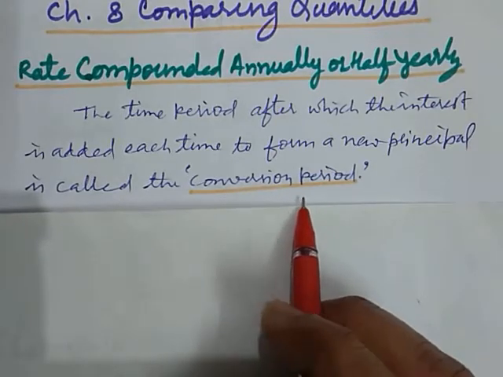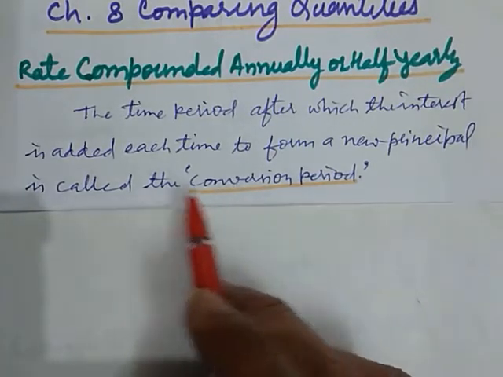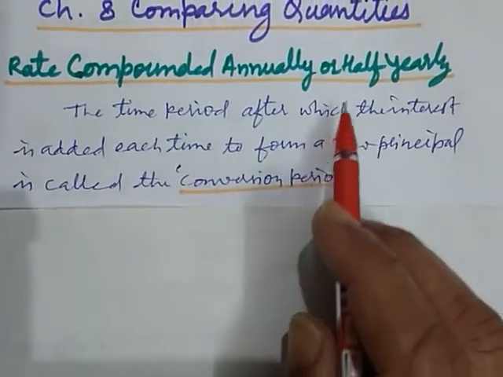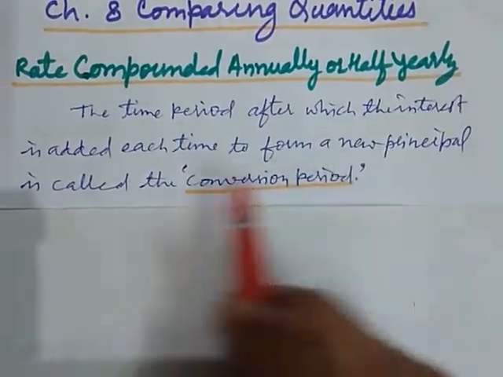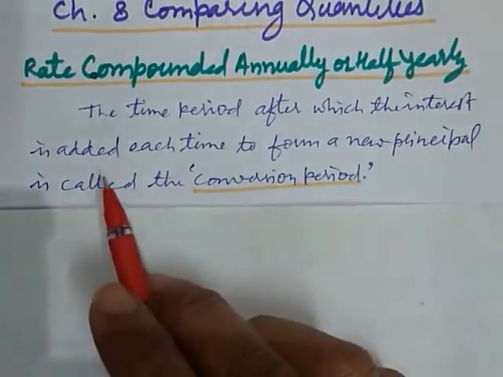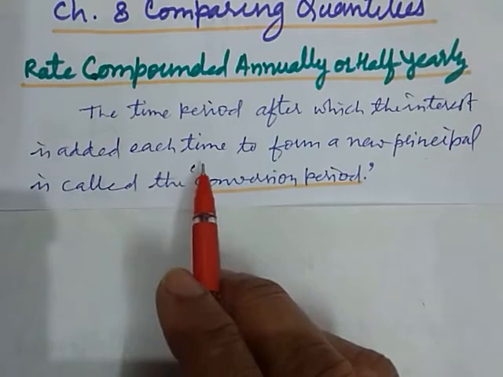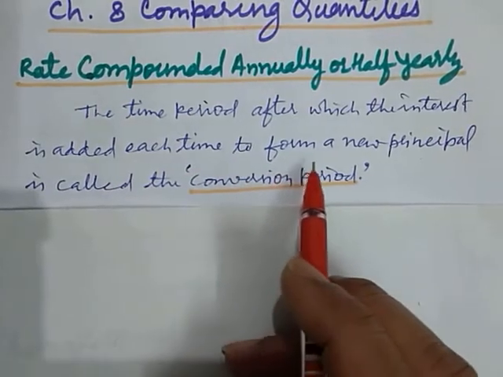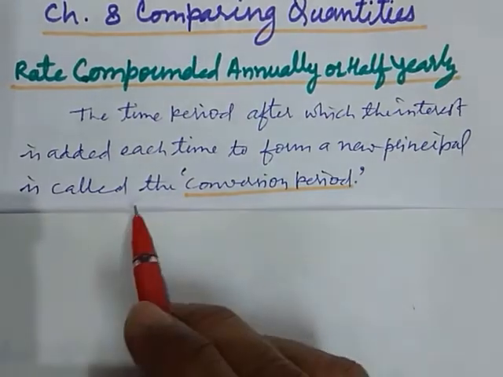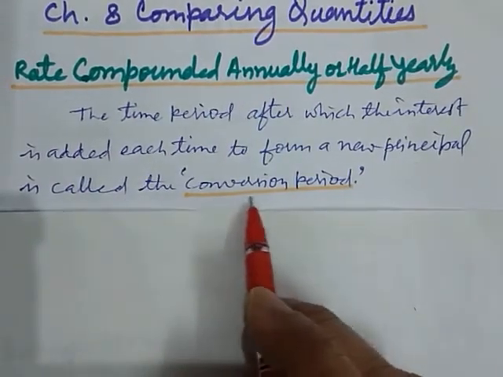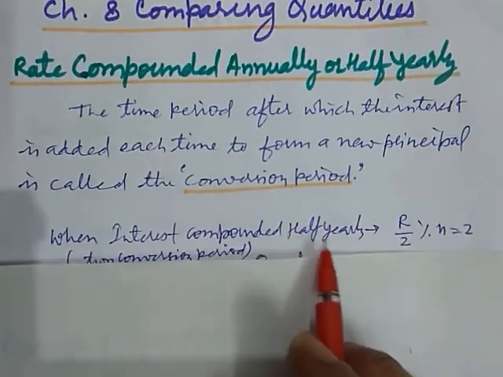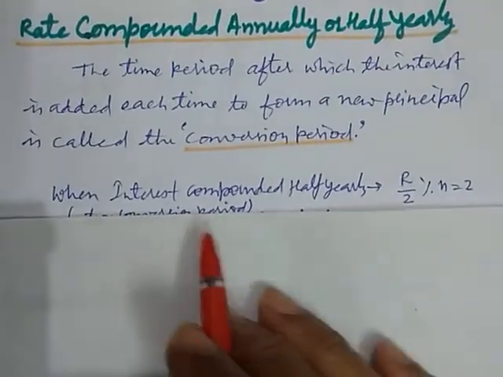That is, if we compound half yearly or quarterly, then we add the interest each time to form a new principal. It's called the conversion period. So we understand this with the example.